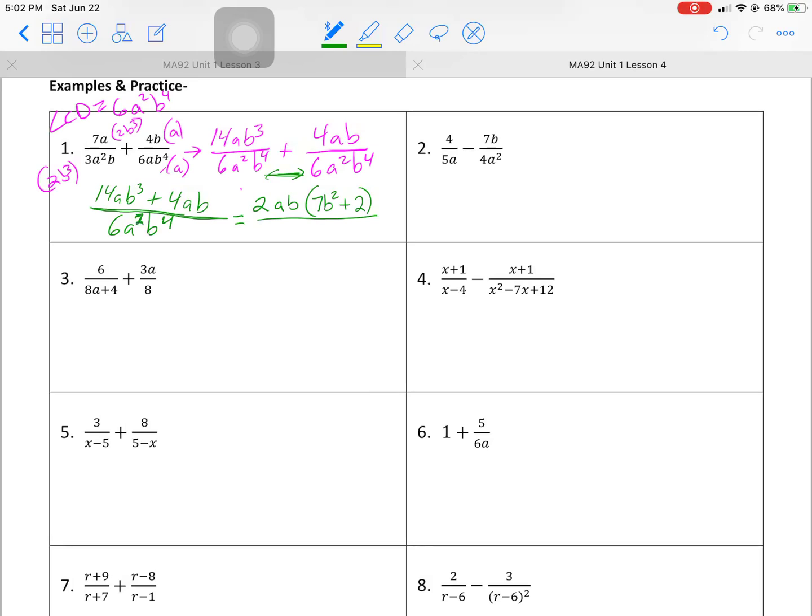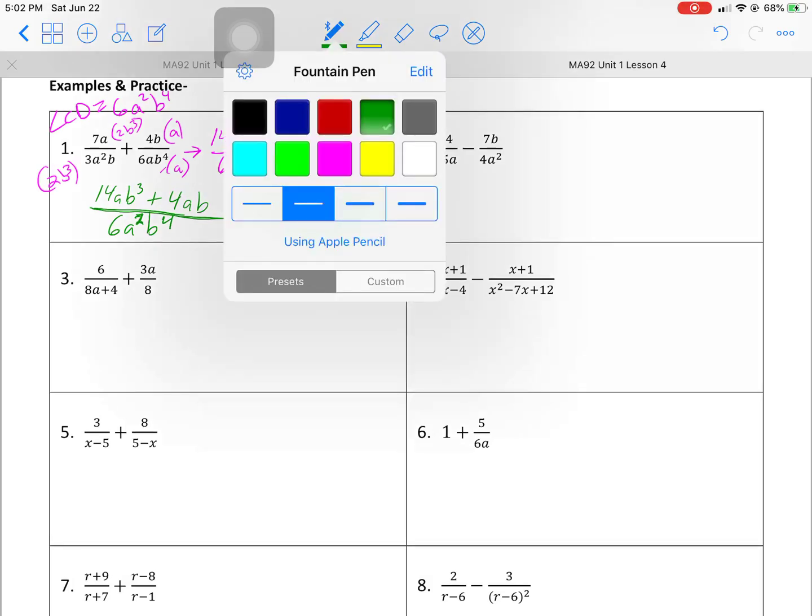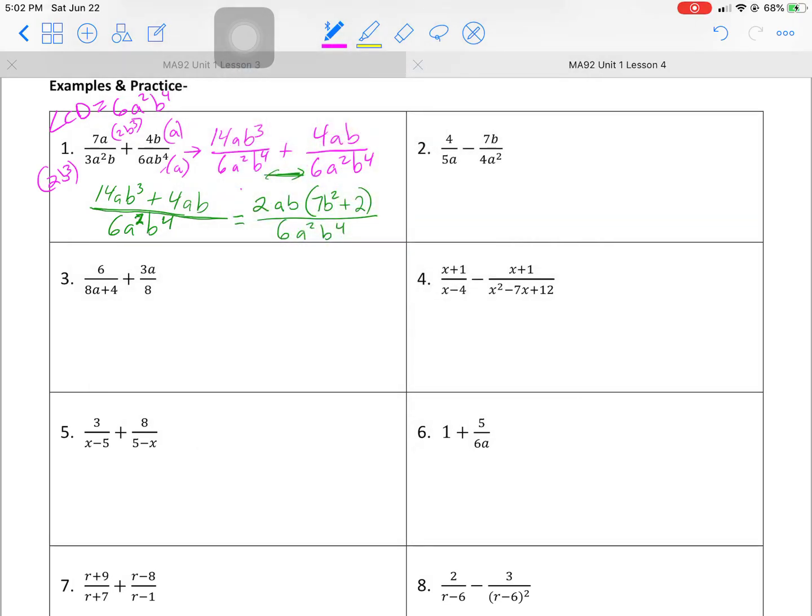And then this is all over 6A squared B to the 4th. So we can reduce an A out. Obviously the 2 comes out.